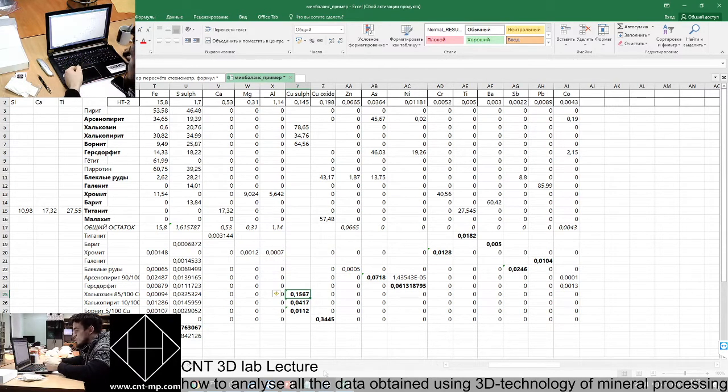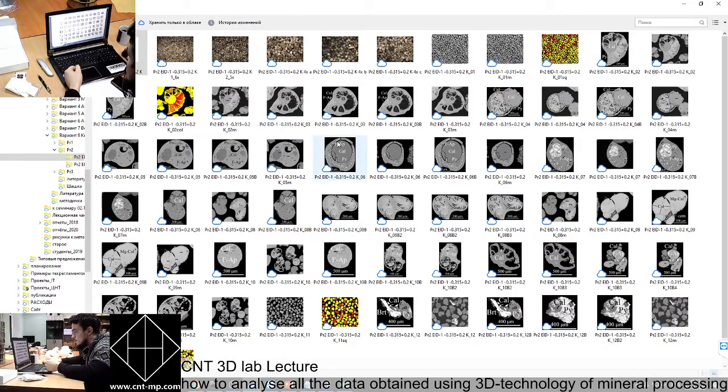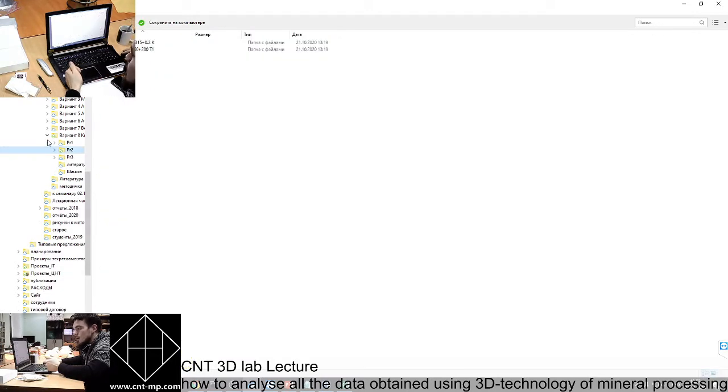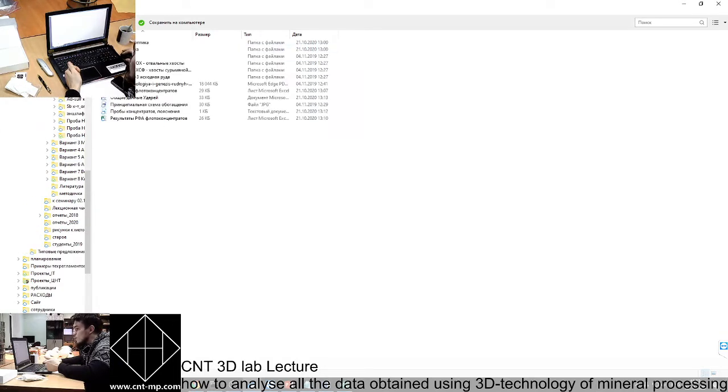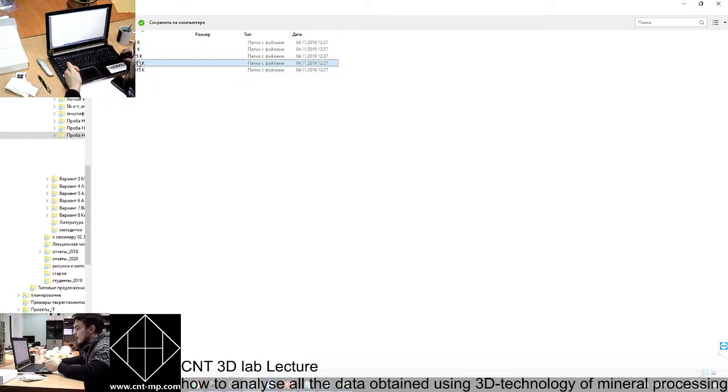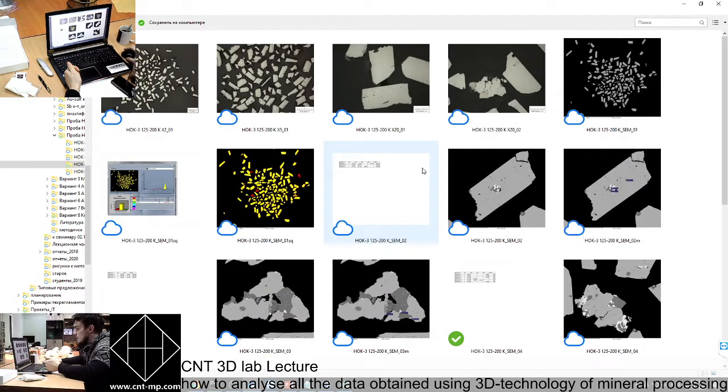But using our investigations of the source material, as we see all the data, all the microphotos, and measure the areas, the balances in intergrowths, grain sizes, and so on, we can analyze the balances of these particular mineral species.